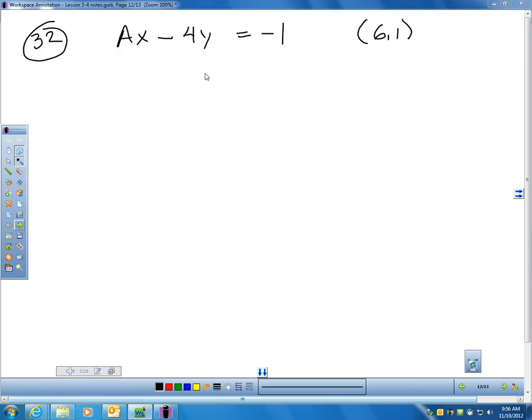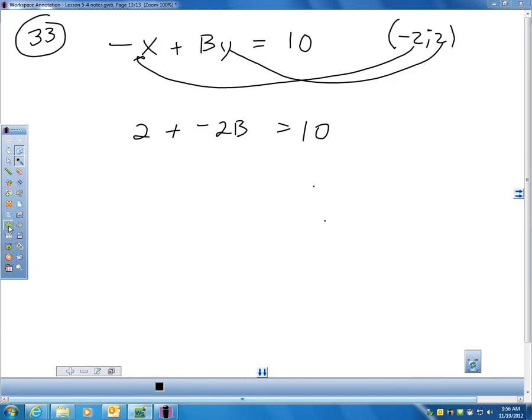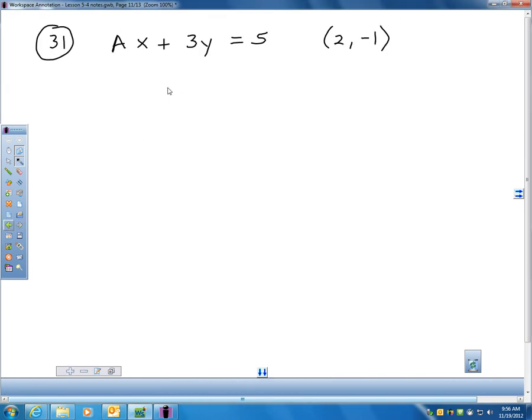Okay, so let's do that. I want to find the value of A in question 31, and they gave me a point. Well, this is very simple to find. Remember, the word coefficient means the number in front of the variable. I want to find the value of the number in front of x in question 31.